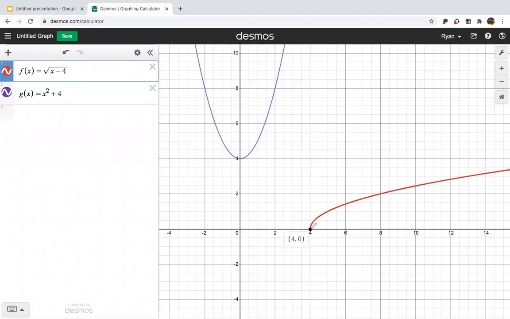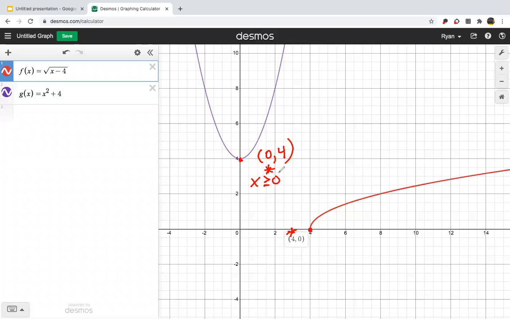So the domain doesn't start until 4, so that's your x value, right? At 4 comma 0. So remember, for an inverse function, you switch the coordinates. So then that means that on the inverse, it's not going to start until 0 comma 4, which is right here, okay? And since the domain uses your x coordinate, we're going to have to restrict the domain to x is greater than or equal to 0.